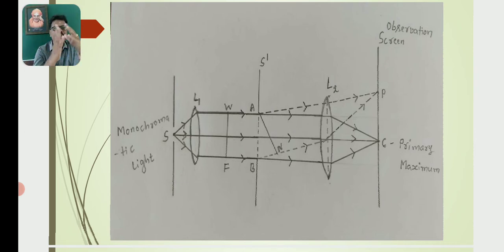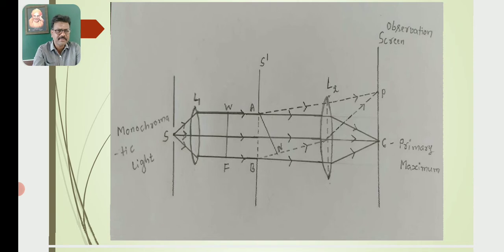The plane wavefront is made incident on the sharp edged obstacle AB, where the incident parallel beam undergoes diffraction. Further, the diffracted rays are made to pass through the convex lens L2.